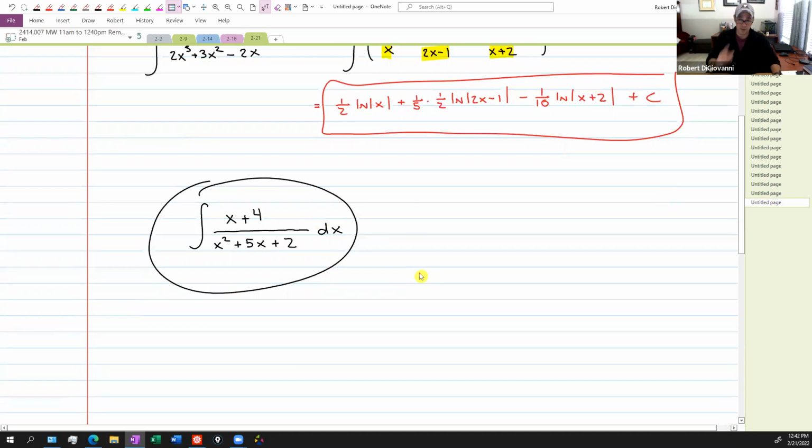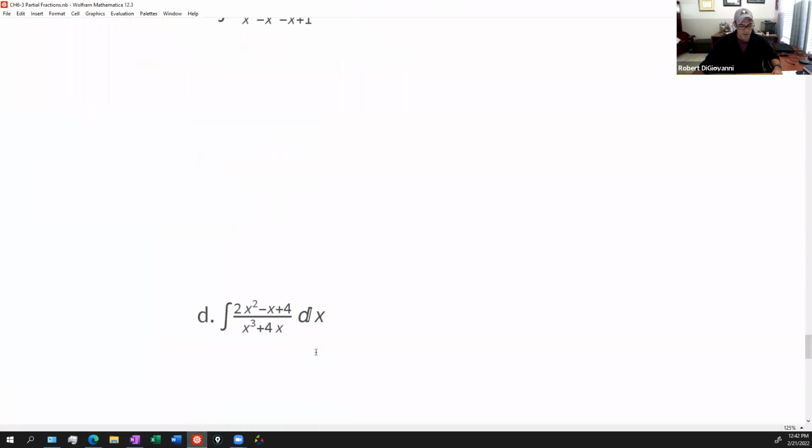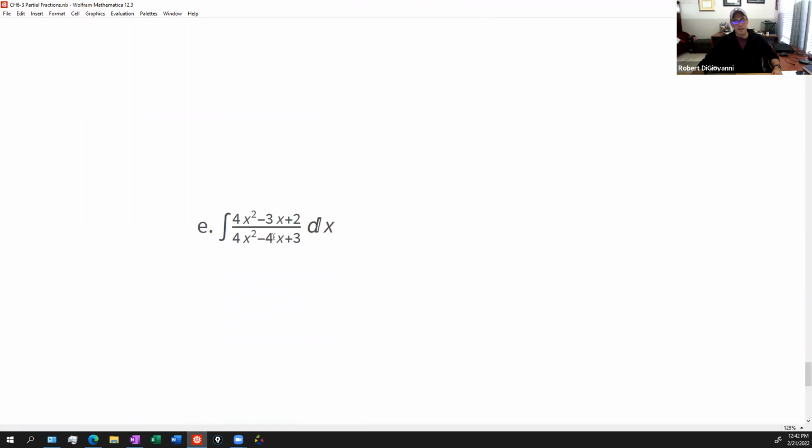Also, the other thing I would ask you to go back and review if you have time: review long division, and if you can, synthetic division. So how do we do this? We're going to have to do long division, synthetic division. The way these problems are going to work is that you're going to get an integral that's going to be something like this, where you're going to first start this off with long division.